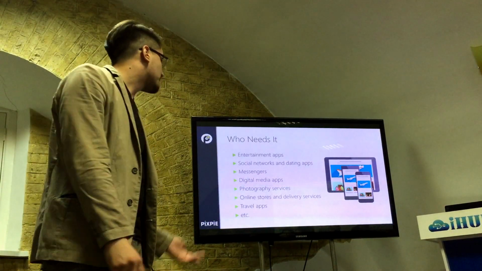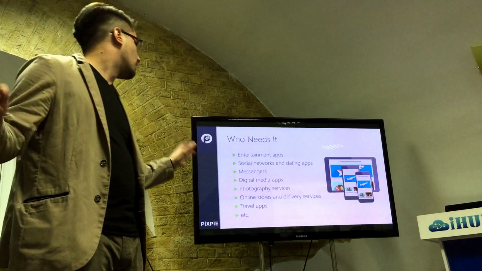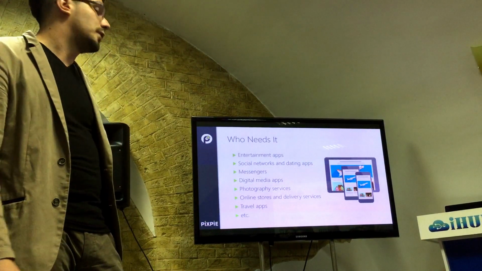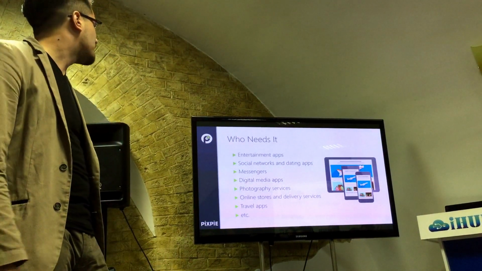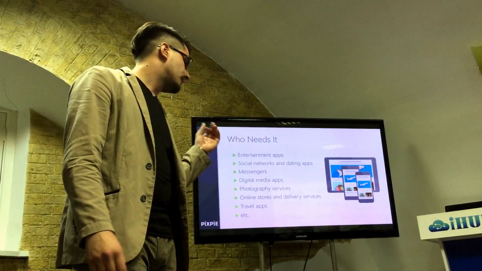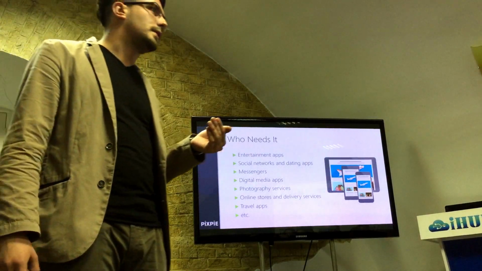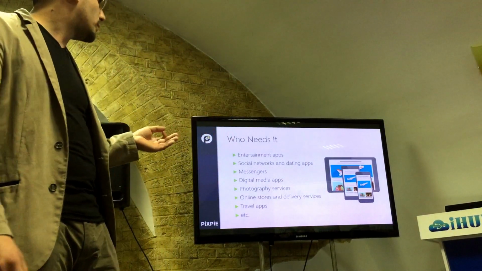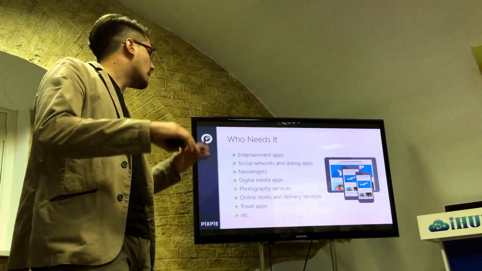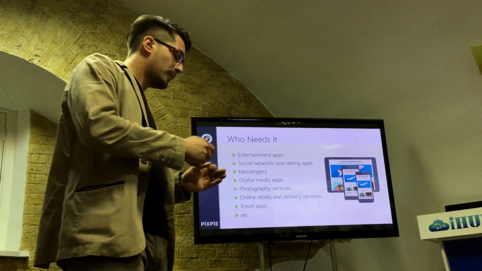Messengers like Viber or WhatsApp, digital media apps like the BBC News app, photography services, for example Flickr, Shutterstock, online stores and delivery services like Amazon, and travel apps like Airbnb. All of these applications produce and consume a lot of media content.